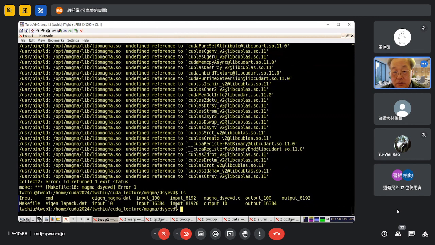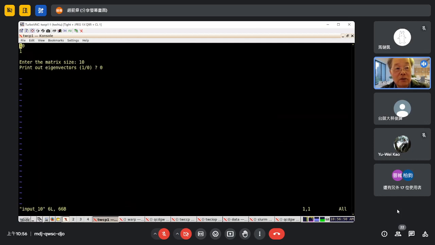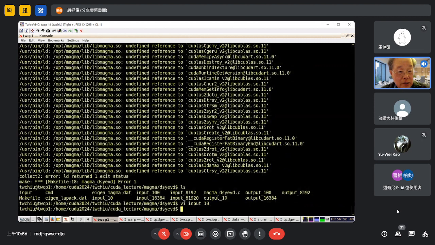For the input, for example, 10, this is a 10 by 10 matrix, and then output the eigenvectors. So the results will be output here and here.